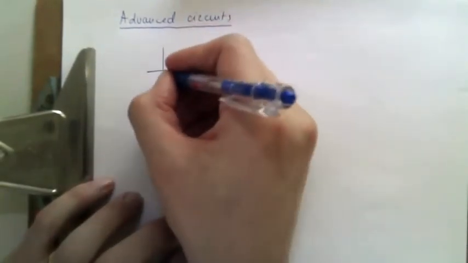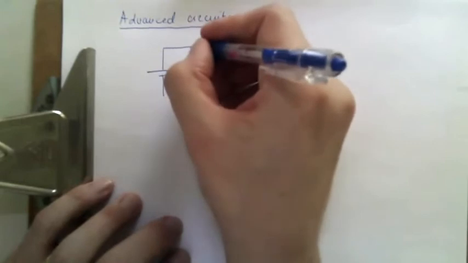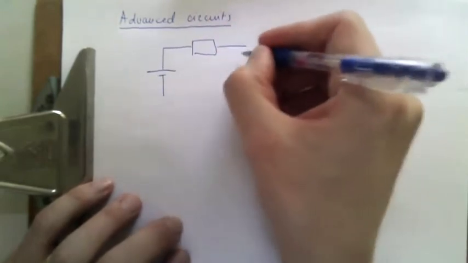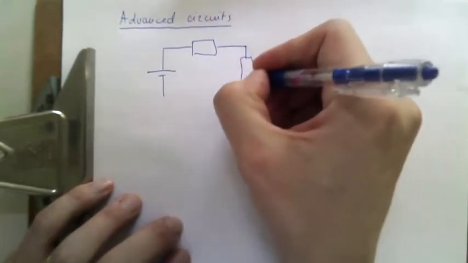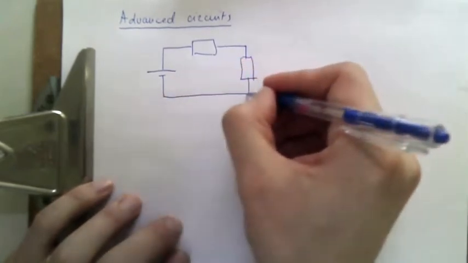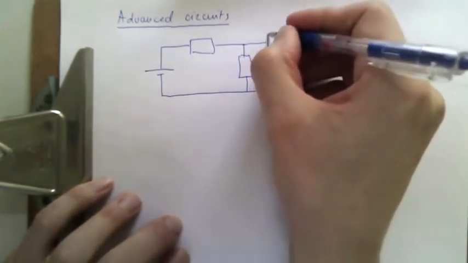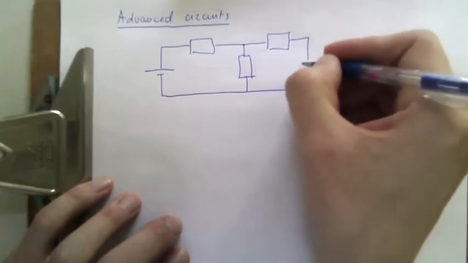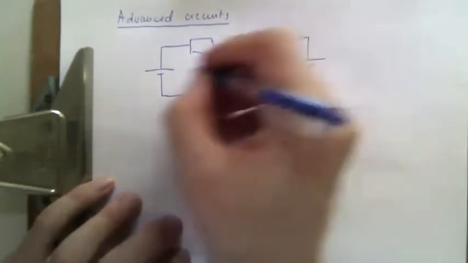Okay, so the most simple version of that is as follows. So we have one resistor here, one resistor here, and one resistor here, and a battery here.